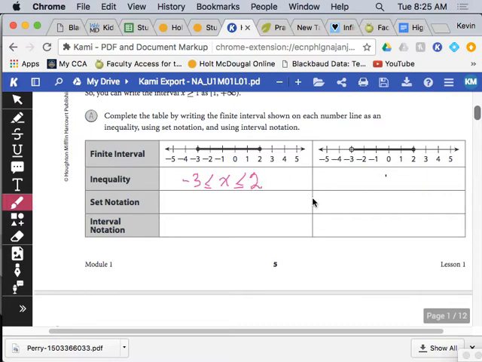You see how we do that? Now set notation, once you have the inequality, is very simple because it's the exact same thing except you put the set of all x such that, and then write the inequality. Negative 3 is less than or equal to x is less than or equal to 2. Just like that.